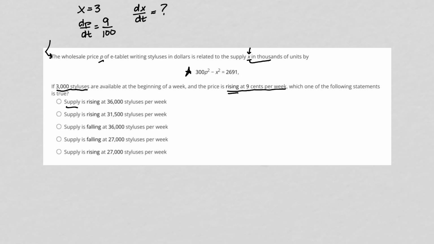So the fact that we are provided with a dP dt and asked for a dx dt points towards the fact that we're going to use implicit differentiation to generate a dP dt and a dx dt. So let's start off with this equation that's been provided for us.